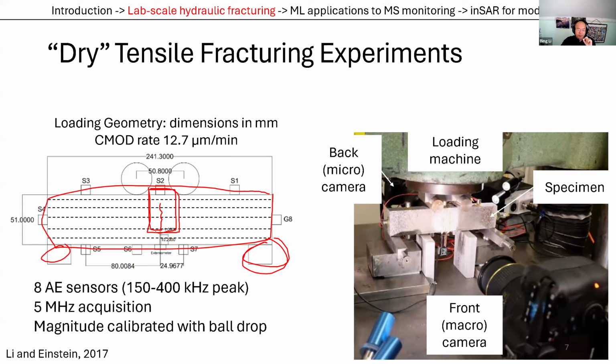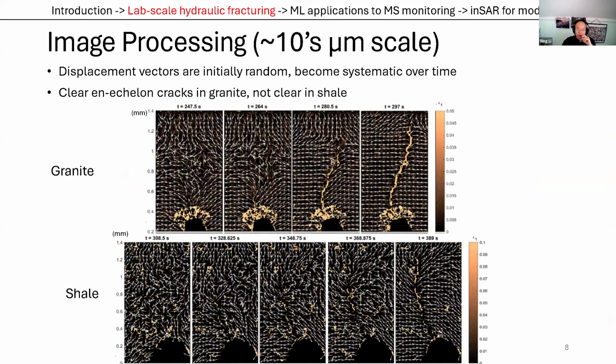And then the second one is a very detailed microscope view of the tip of this pre-existing notch, where we can look closer to the grain scale at what's actually happening when these fractures initiate, and then the beginning of their propagation.